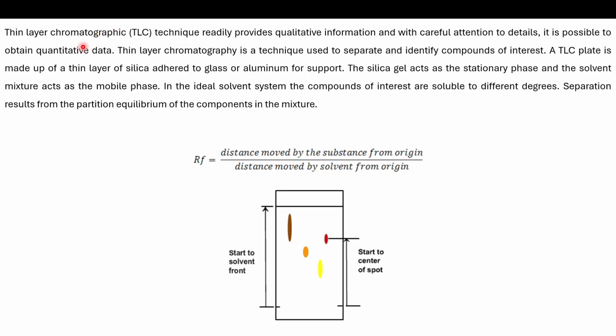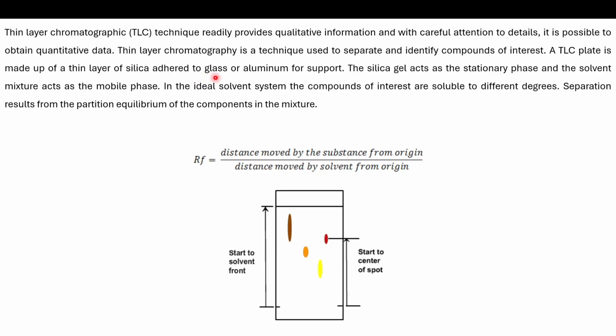Now, thin layer chromatography, what happens in here is it actually provides qualitative information, and with careful attention to details, it is possible to obtain quantitative data. So TLC is a technique which separates and identifies compounds of interest in a mixture. So again, if this is the TLC plate, it is coated with a matrix, which is the stationary phase, in this case mostly silica gel.